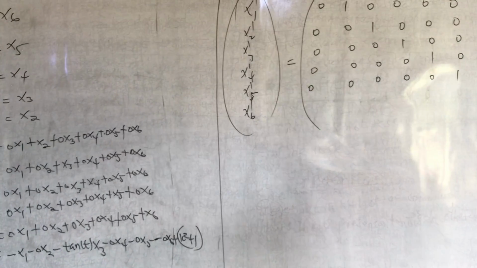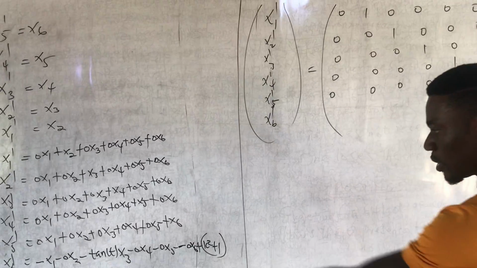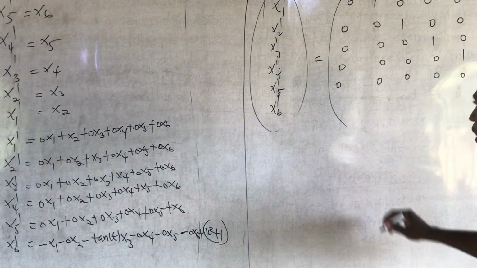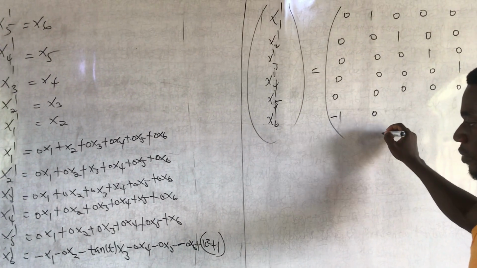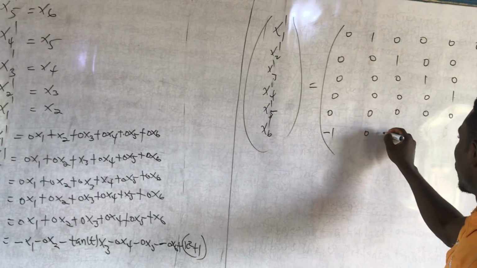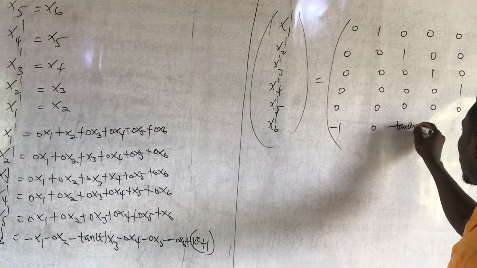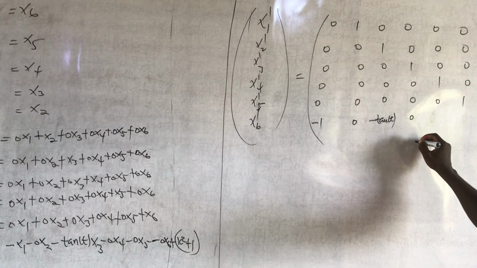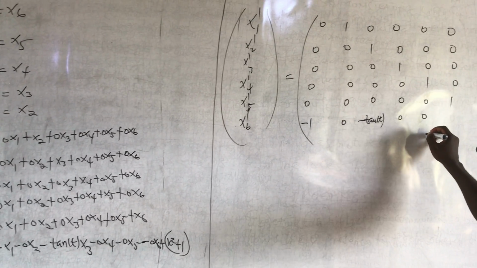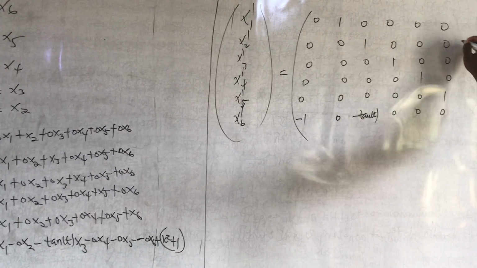Then the last one, our x6 prime, is what you see down there. That is giving us minus 1, 0, minus tan(t), 0, 0, 0.